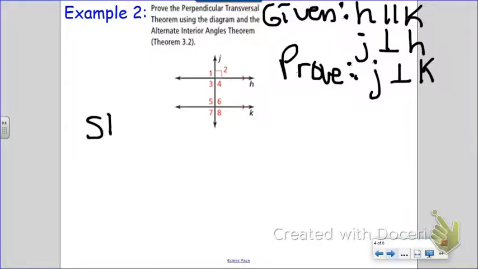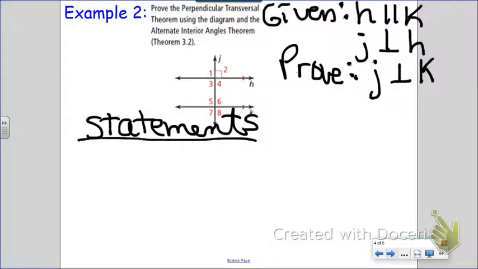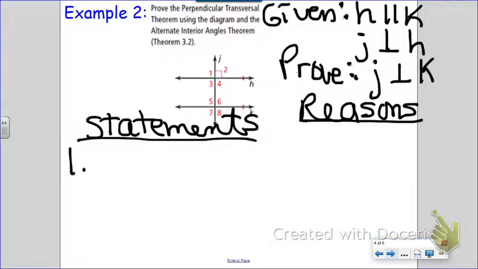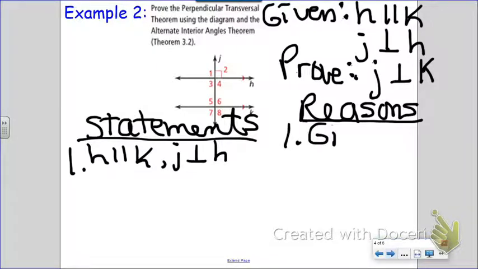We'll make our two columns for statements and reasons. We'll start with our given information. H is parallel to K and J is perpendicular to H. You can write them as one given or two separate givens.